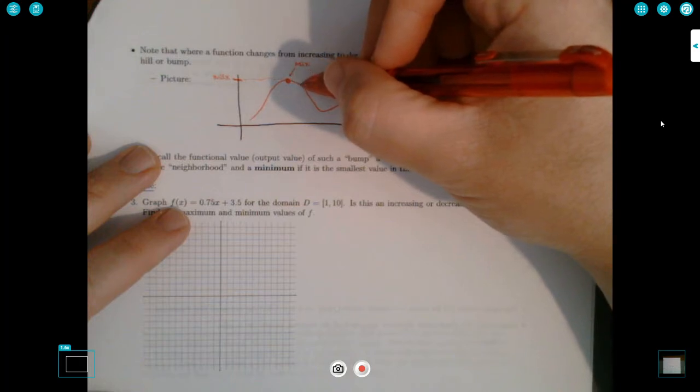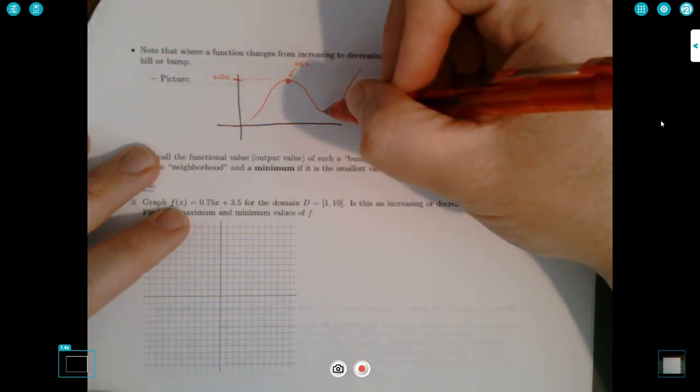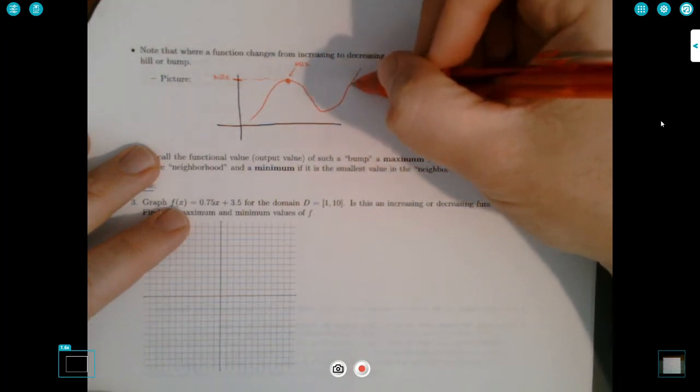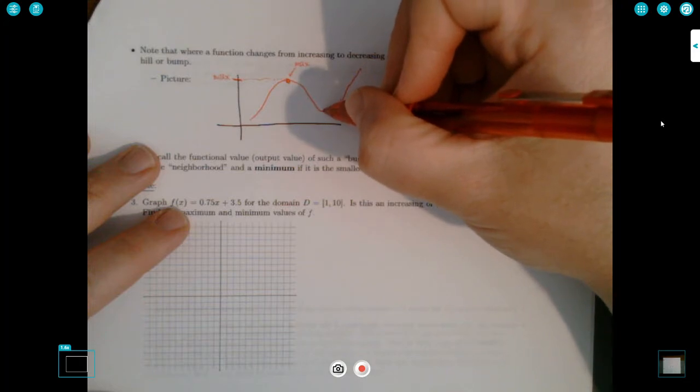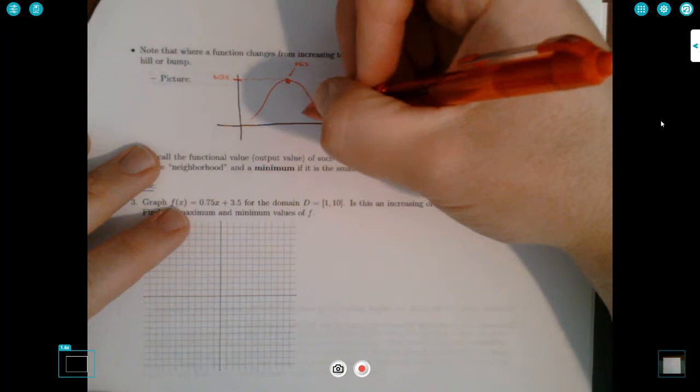Meanwhile, if you're decreasing for a while, and then suddenly you start to increase, then you're going to reach a little valley, I guess we could call it, and we call that point the minimum, right?